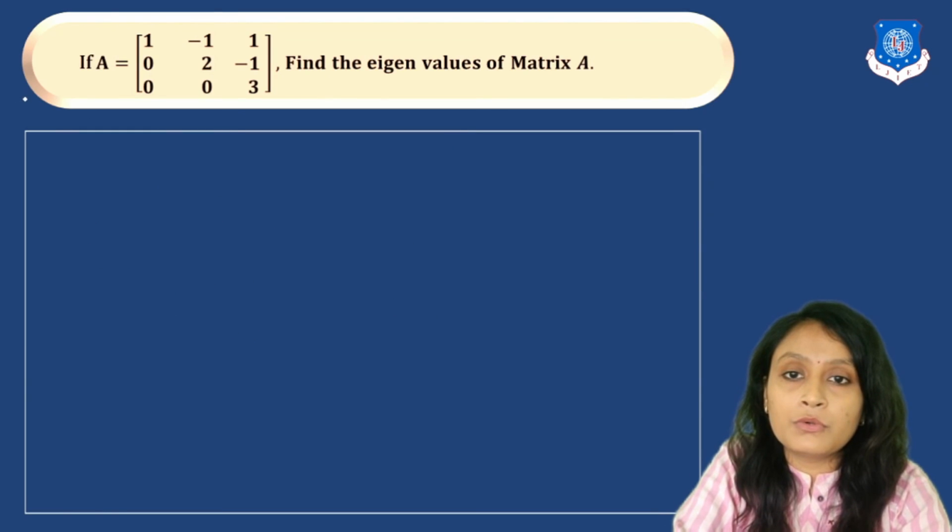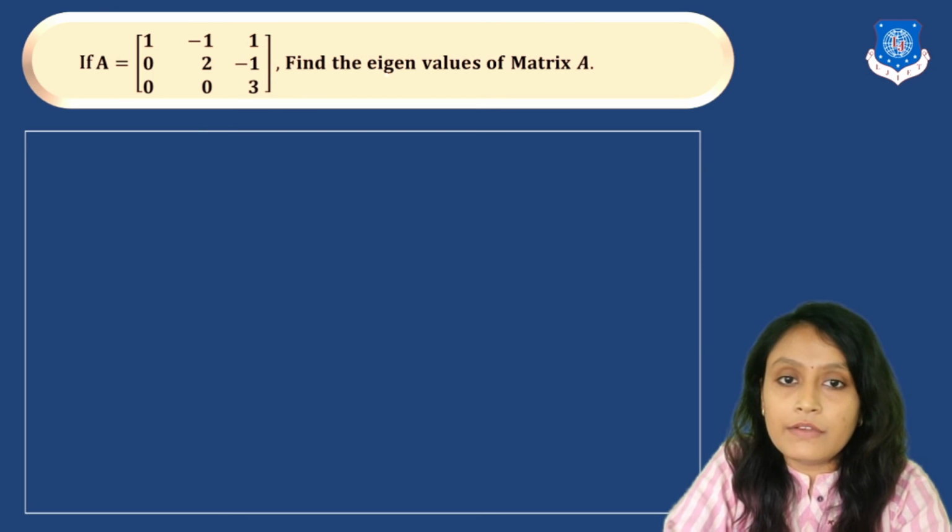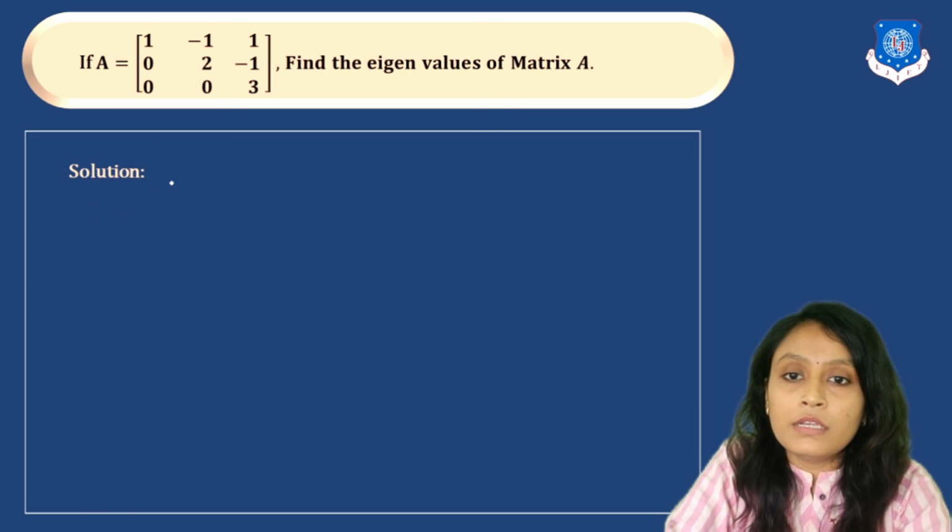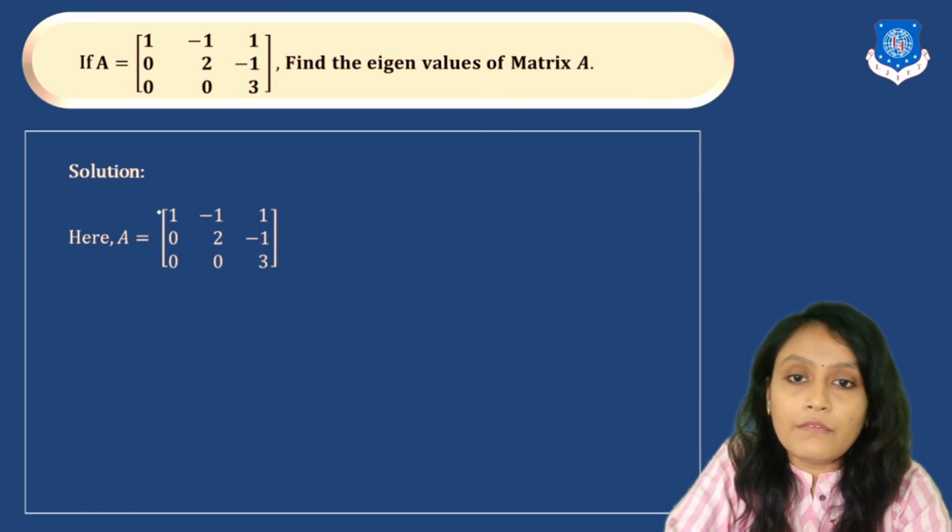Okay, now let's move to one more example. If matrix A is given and we have to find the eigenvalues of this matrix. So let's begin with the solution. Here matrix A is given. Now you can see this matrix is an upper triangular matrix.